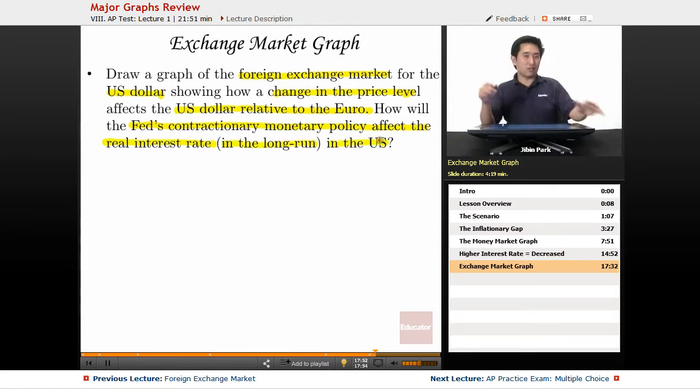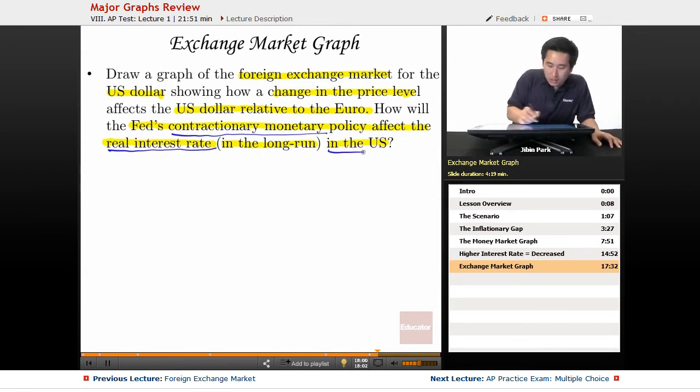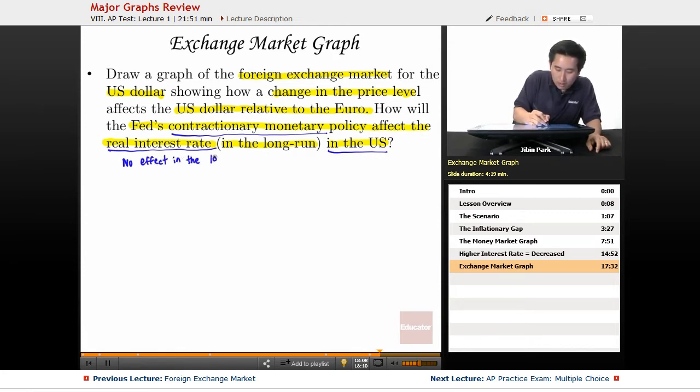Now let's actually answer the second part first here. How will the Fed's contractionary monetary policy affect the real interest rate in the long run in the US? And the answer to this here is no effect in the long run. The reason being is that money is neutral.